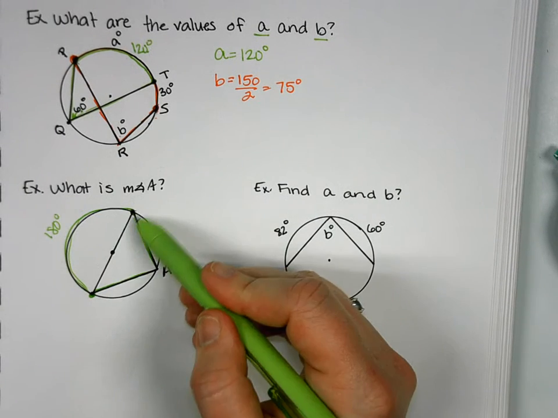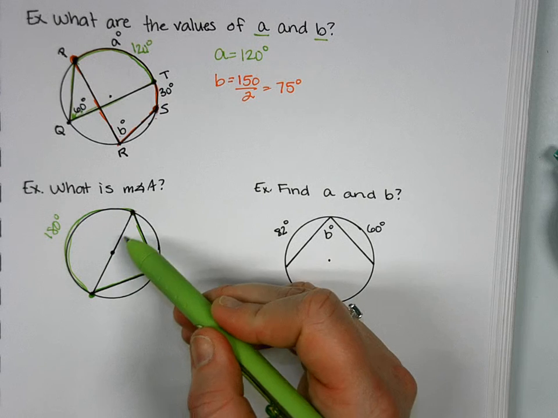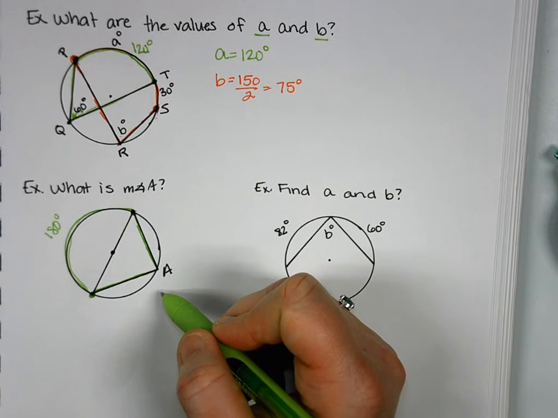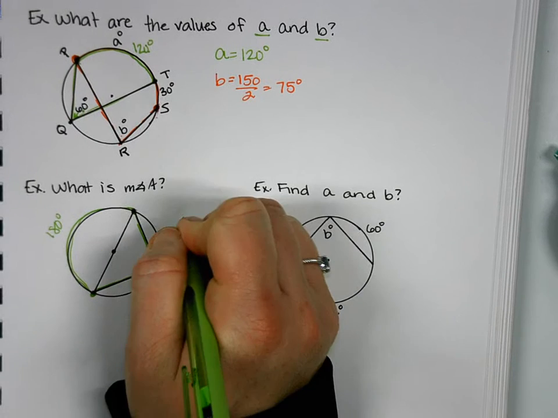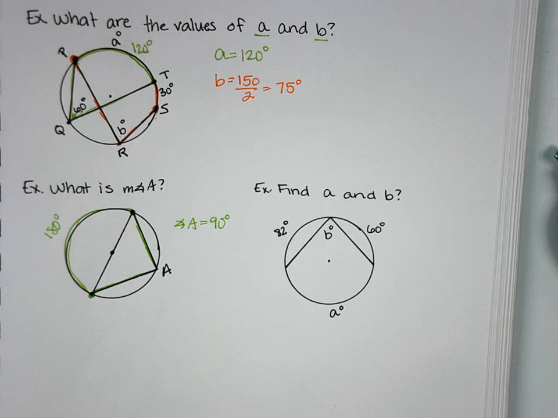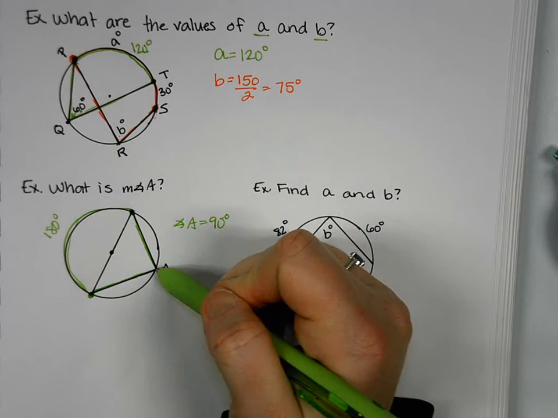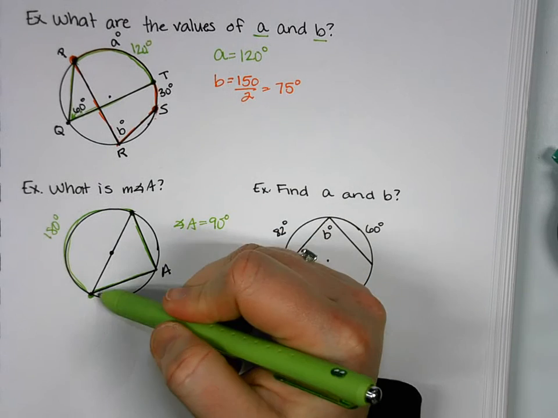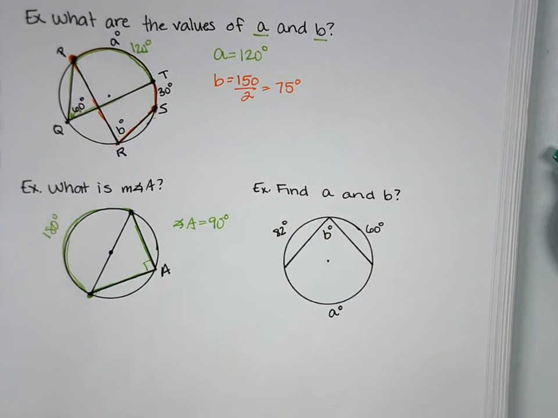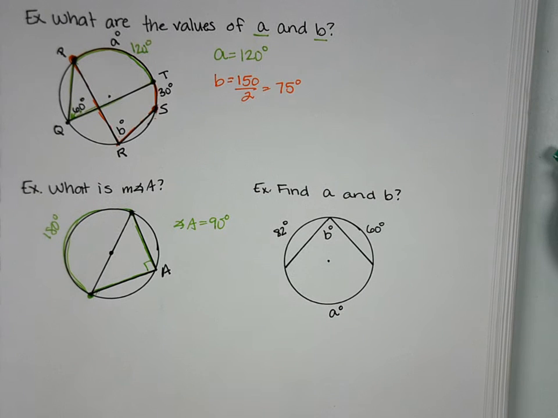This is a diameter going through the center. So we know this is 180. So what does that mean angle A has to be? 90. And that's something that's true for all circles. When you have an inscribed angle that intersects a diameter, this is always going to be a right angle because of this inscribed angle rule.